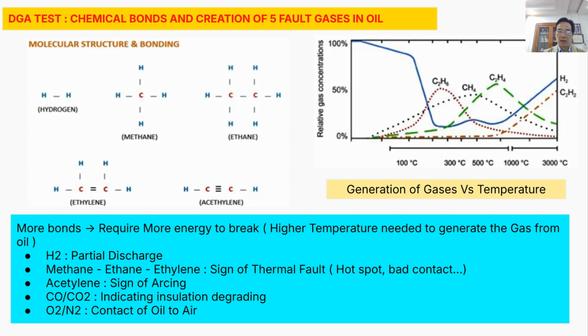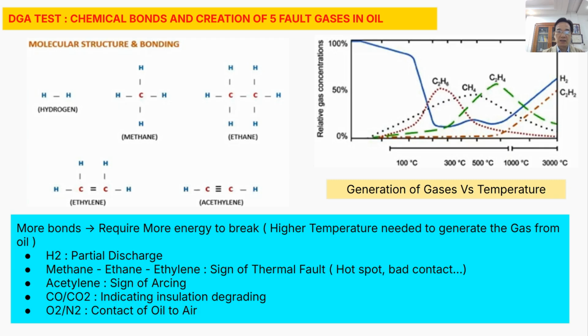But more important, if oxygen and nitrogen exist in oil, it is also a sign indicating some leak, some gap not fully tightened in the main tank, in the flange, or in the bushing.